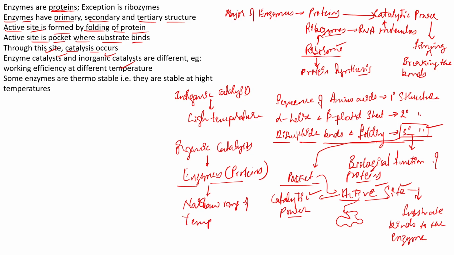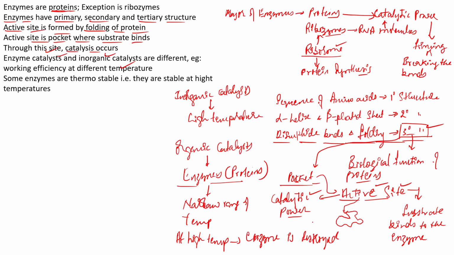They work at a very narrow range of temperature. So we can say that at high temperature, what happens is that enzyme activity is degraded or enzyme is destroyed. So this is one drawback of the protein enzymes, that they work at a very specific temperature, and beyond that particular temperature, the activity of the enzyme is lost.